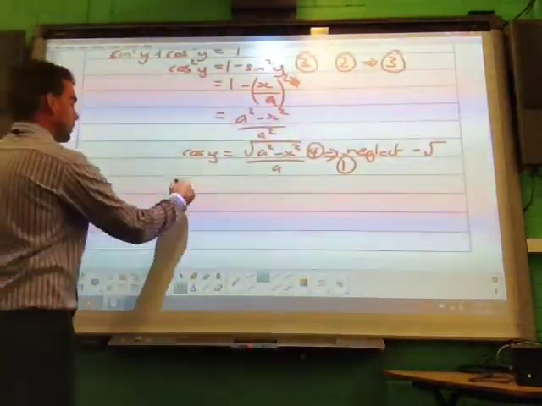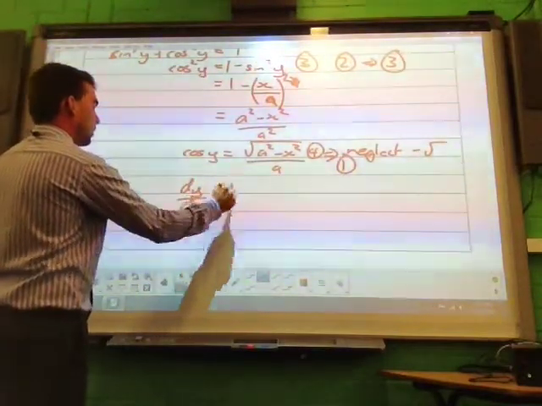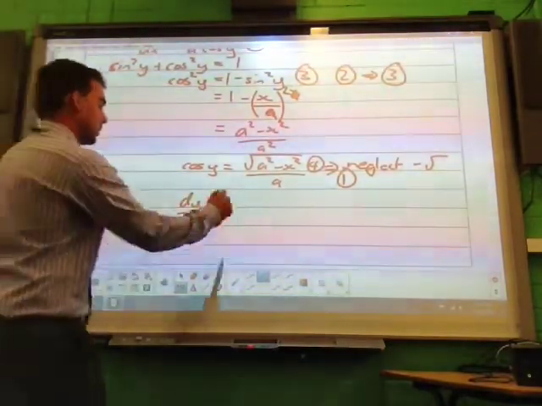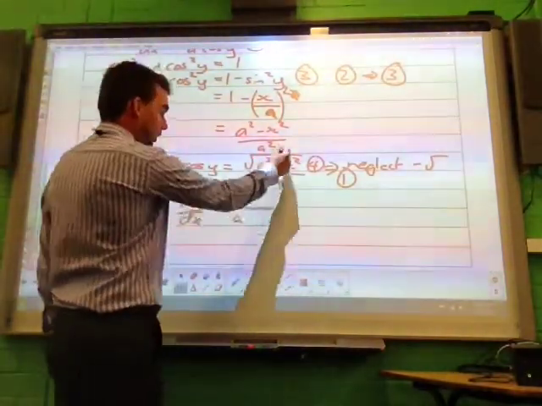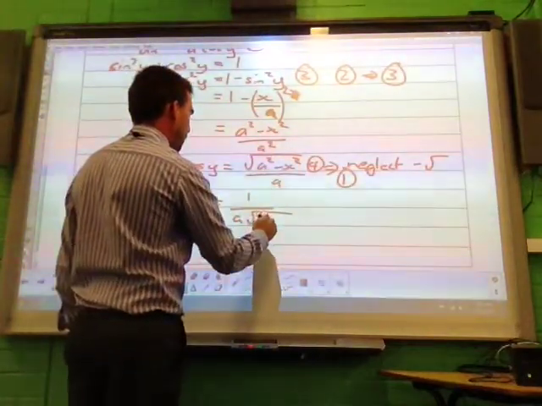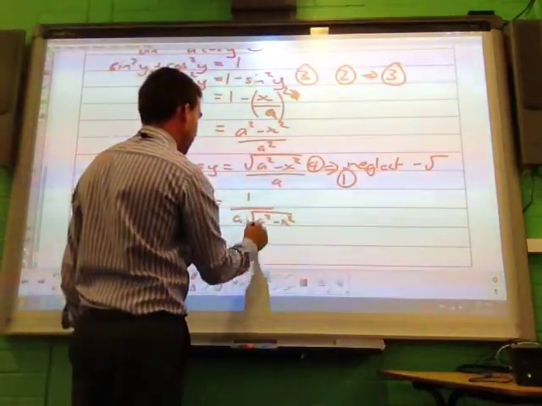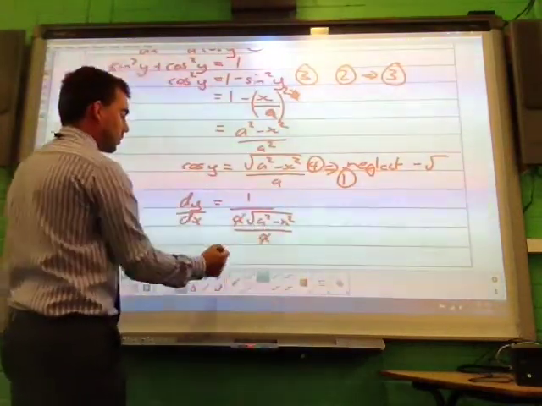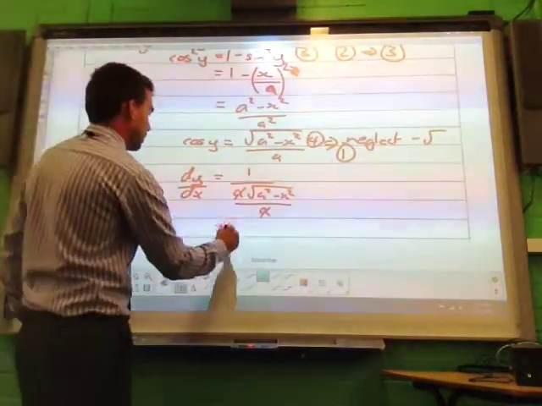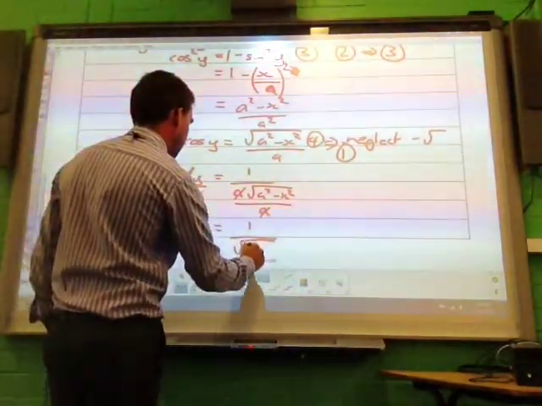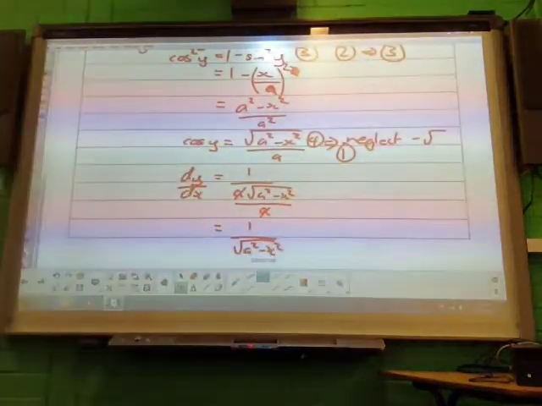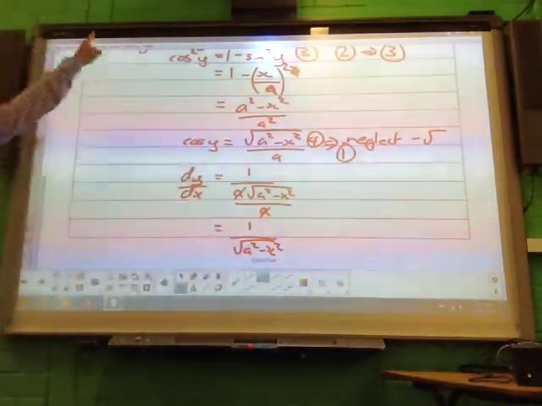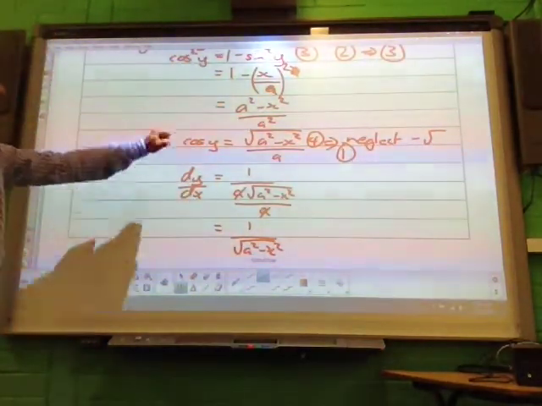So dy over dx is going to be 1 over a, and then substitute cos y. And that's the proof. So going backwards, if you integrate that, you get back to your original function, which is sine inverse of x over a up the top.